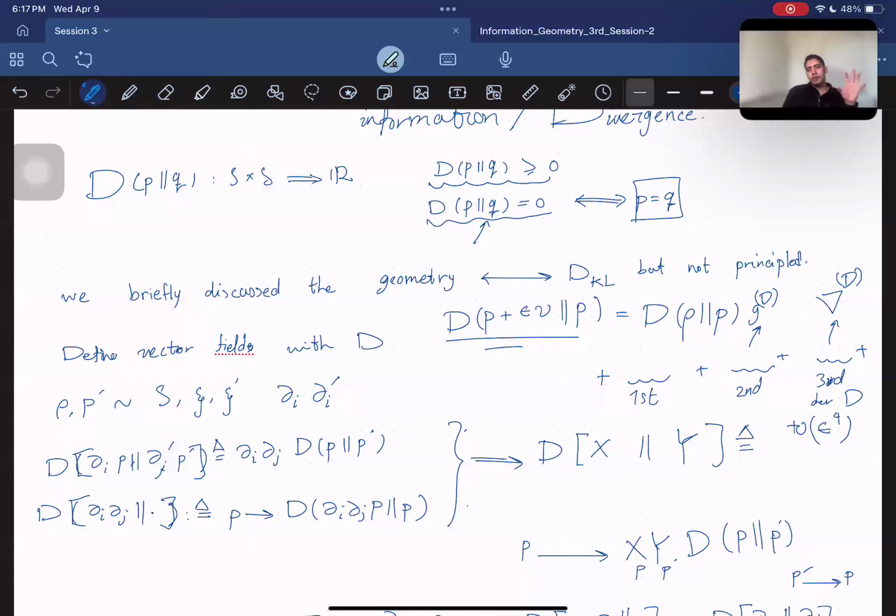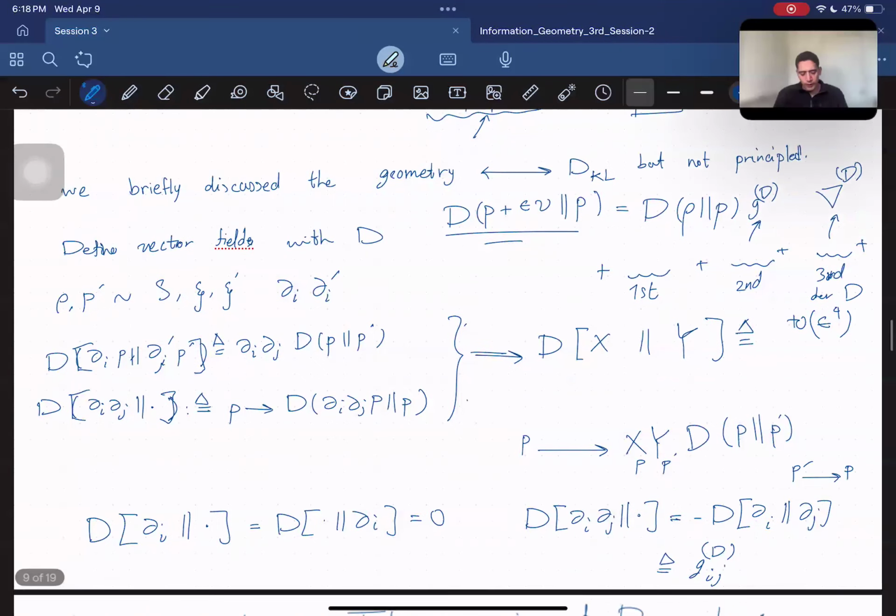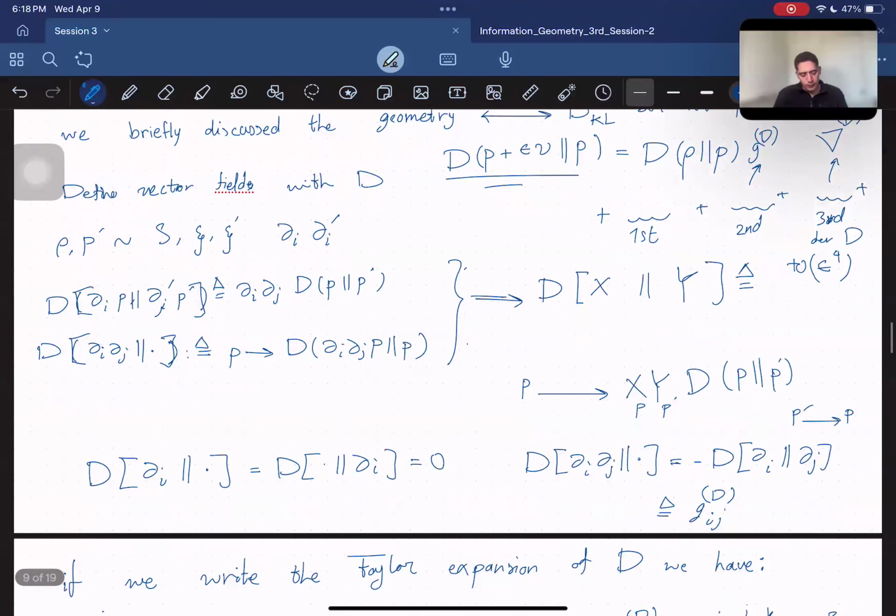So given a divergence, I want to give you a Riemannian metric and also connection. In order to do that, I need to give you, in the first case, n to the power of 2 numbers. And for the second case, I need to give you n to the power of 3 number of parameters. So how's that? Okay.